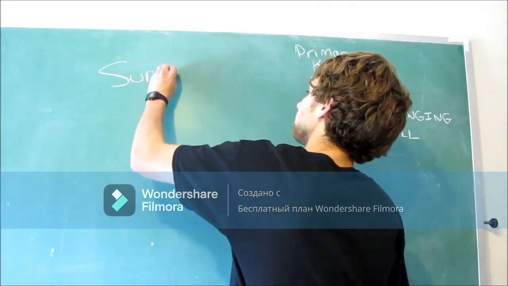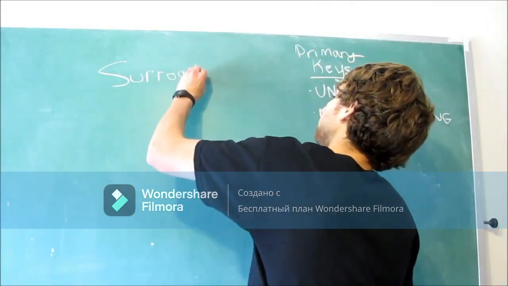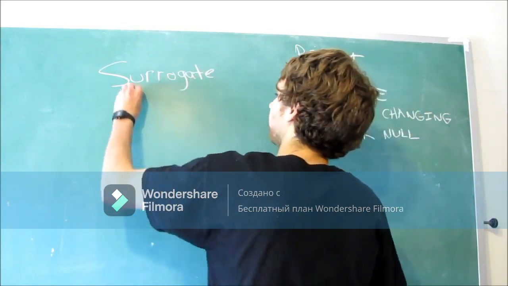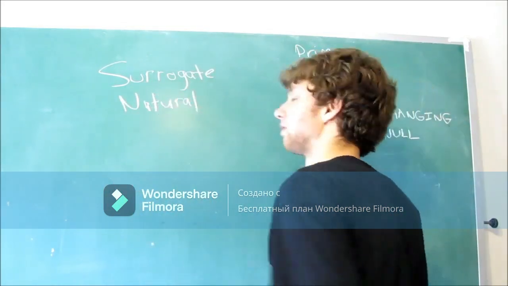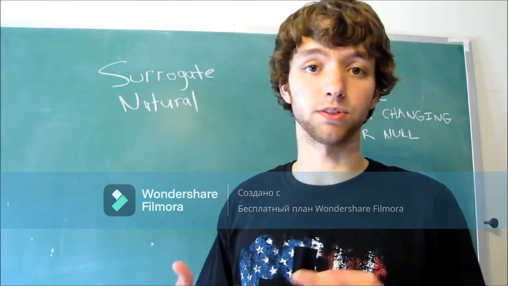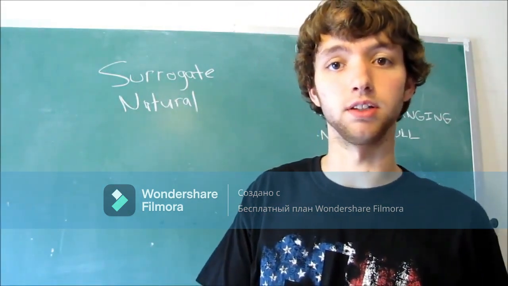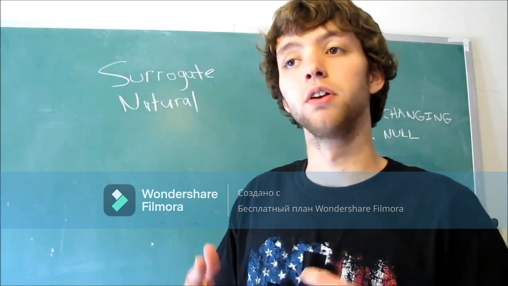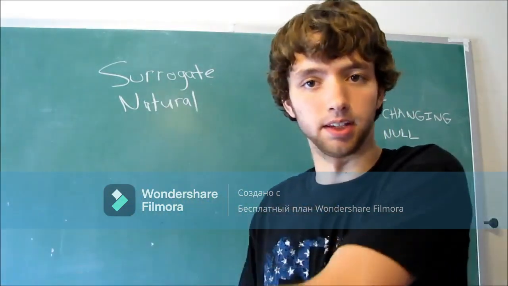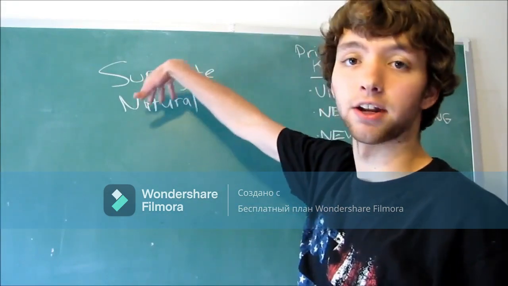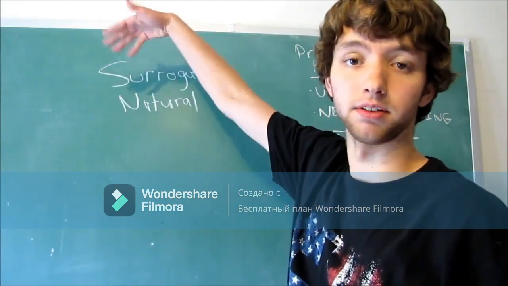So we have surrogate, and then we have natural. Alright. We talked about primary keys in the last video. That's as far as we'll get for defining a key. These are categories of primary keys.